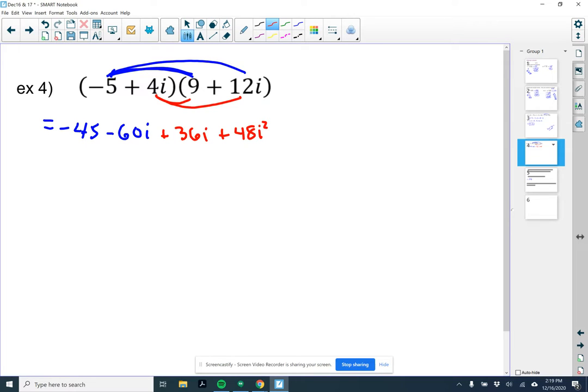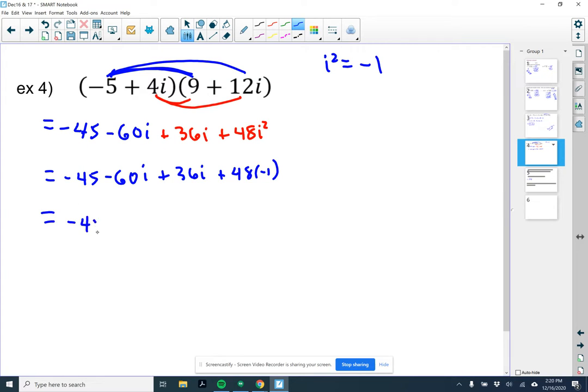Okay. Then we're going to remember that i squared equals -1. So we have -45 minus 60i plus 36i. I should just put those together. 48 times -1 is going to be -48.